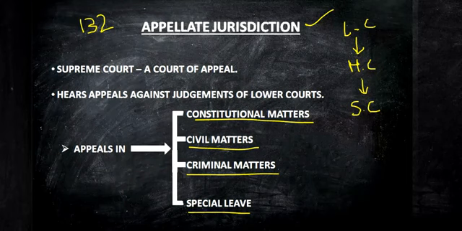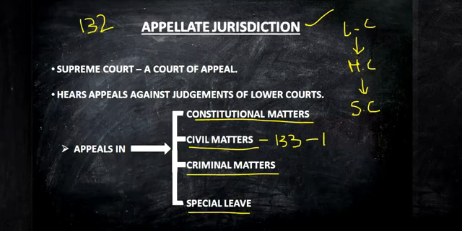First, we will discuss the civil matters. Now, the civil matters are discussed in Article 133 Clause 1. Is it clear? Article 133 Clause 1. In this article, the civil matters have been described. Is it clear? Now, what are the civil matters?